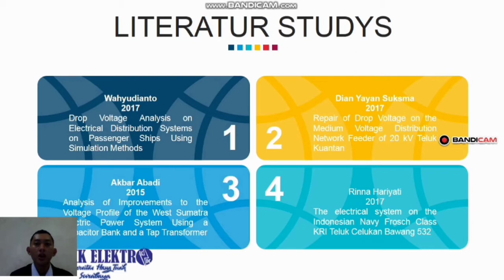The purpose of this study is to analyze the drop voltage on a passenger ship. For the development of my research, it is almost the same as this research, but my research also describes the method of improvement.